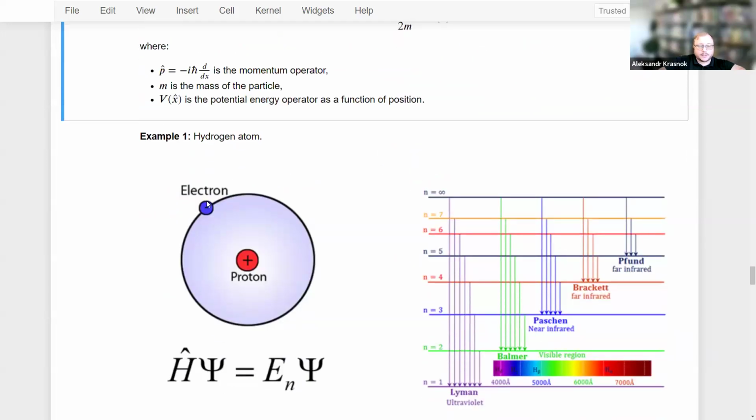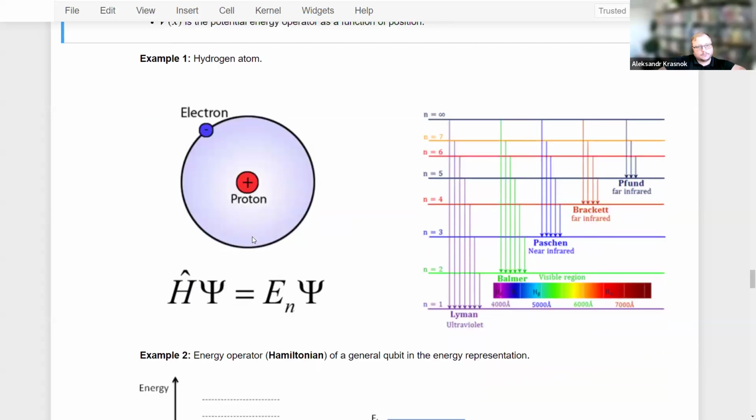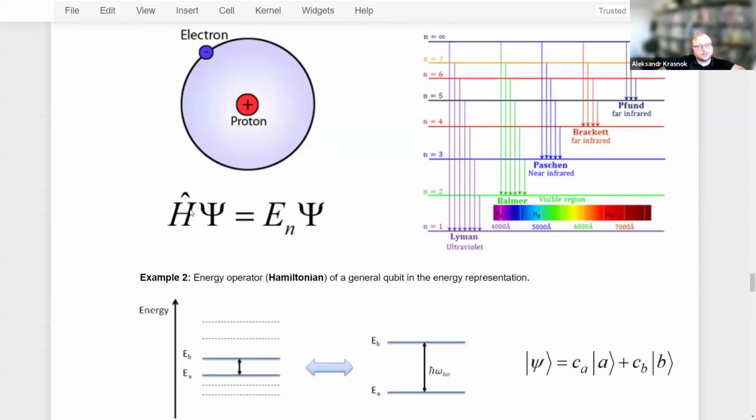It will be the kinetic energy of the electron plus the Coulomb interaction energy between the positively charged proton and the negatively charged electron, right? The attraction force. So for this Hamiltonian, you can write the equation for its eigenstates and eigenvalues.